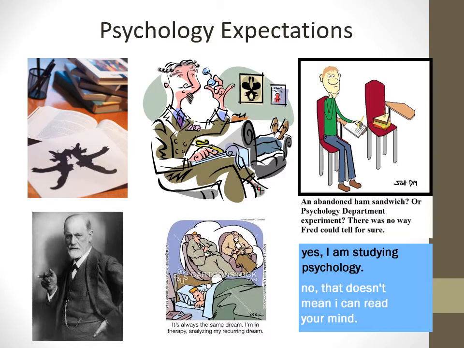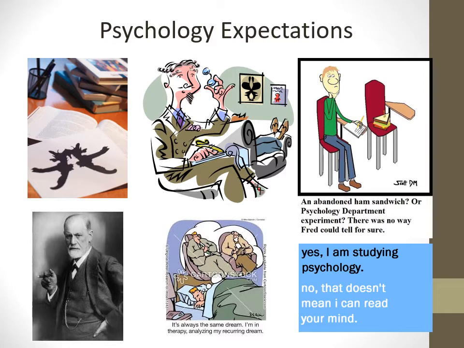Okay, this slide represents things that people commonly think of when it comes to psychology. The first one you see is the Rorschach test. That's the ink blot test. A lot of times the psychologist will ask what images you see, and then based on your answer, they will find out that your unconscious brain is really thinking about something else.